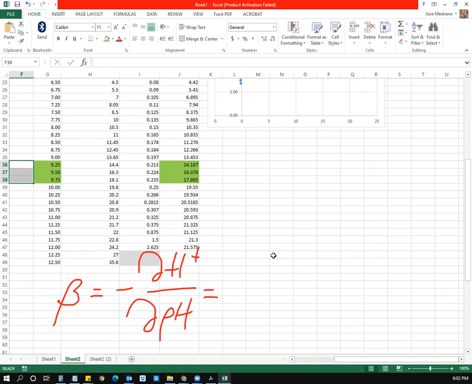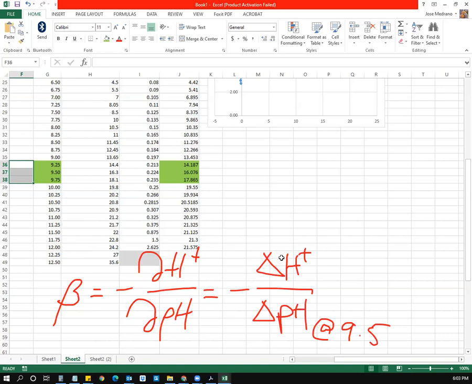We'll still have the negative sign in the beginning, but instead of the differential of the millimoles of the protons in solution, we'll just say the change of the protons in solution divided by the change of the pH. And of course, we're going to do this surrounding a pH of 9.5.